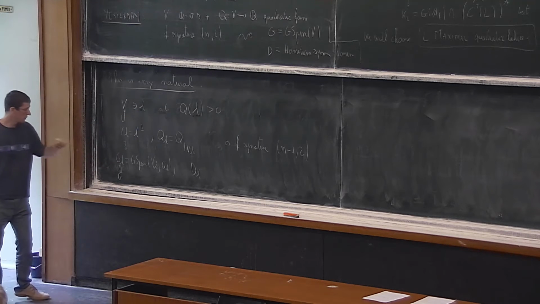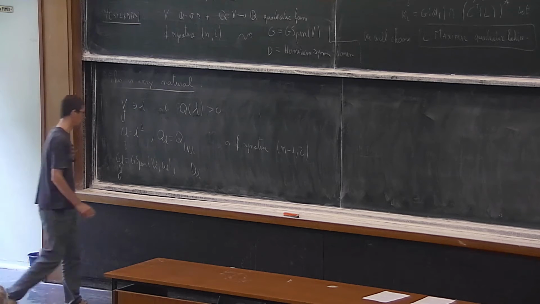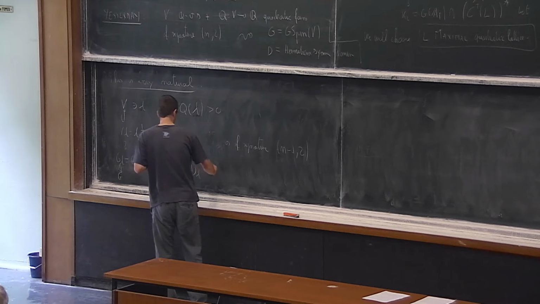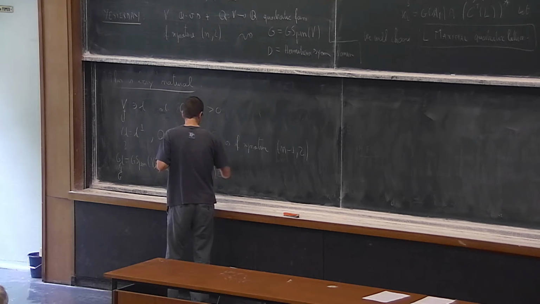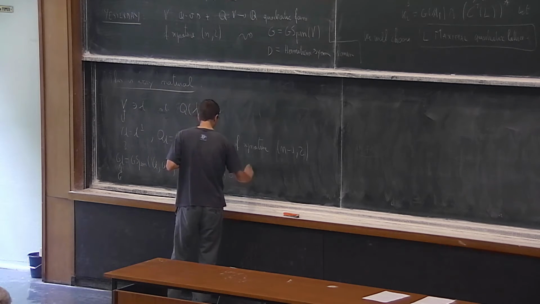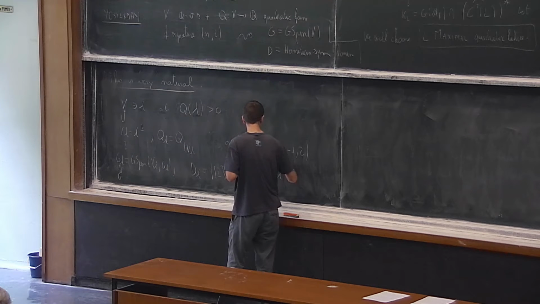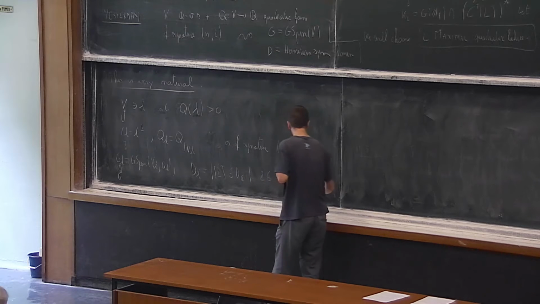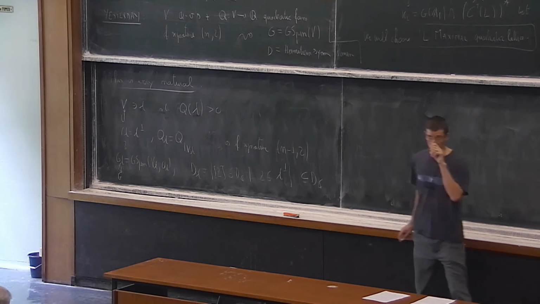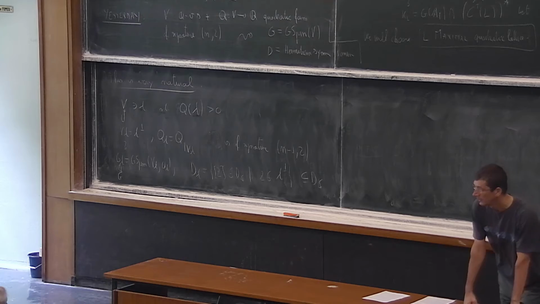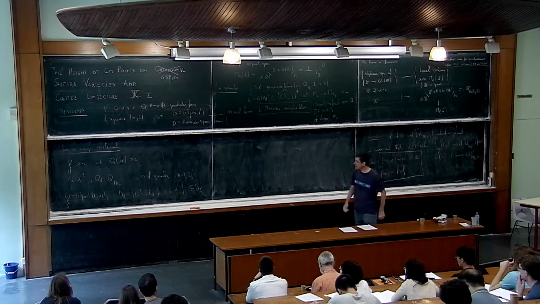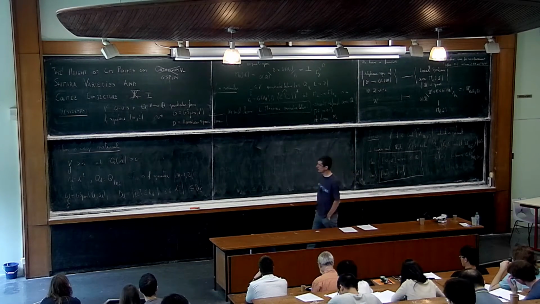Okay? And similarly, I can identify the symmetric space D lambda simply as the lines in D of C that lie in the orthogonal of lambda. So it lies in D of C. Okay?